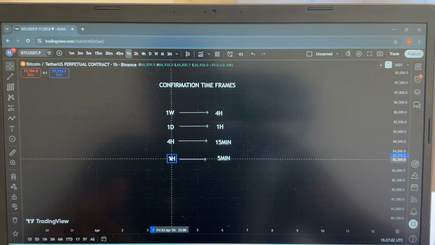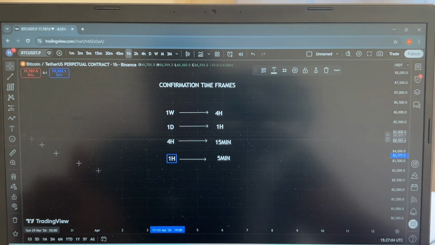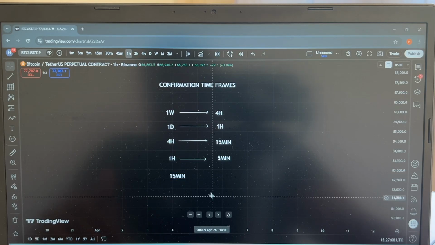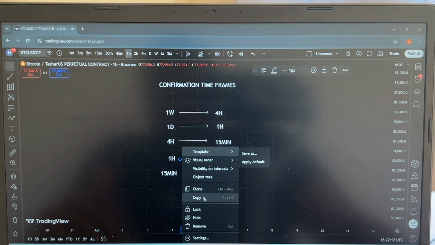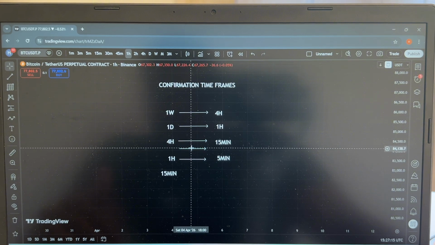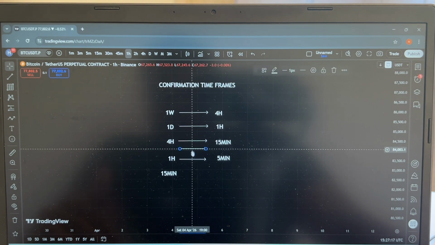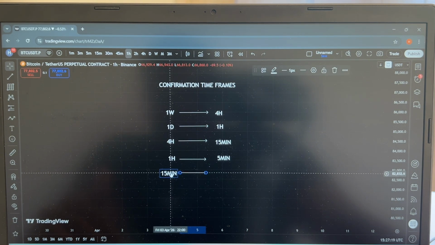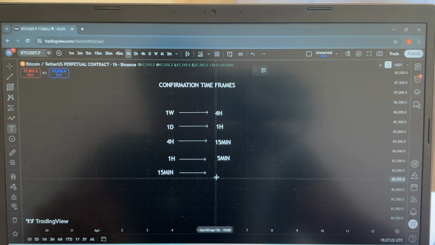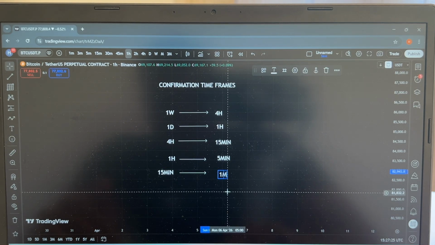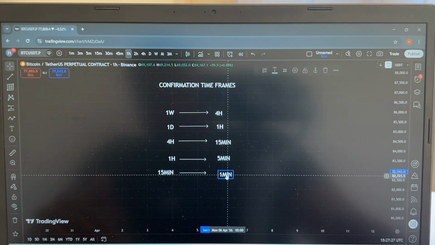And lastly, there's 15 minutes. And for the 15 minutes, you have to go to the 1 minute time frame to get the confirmation.